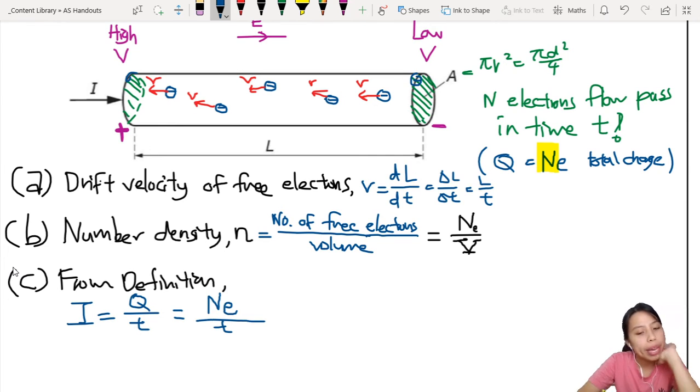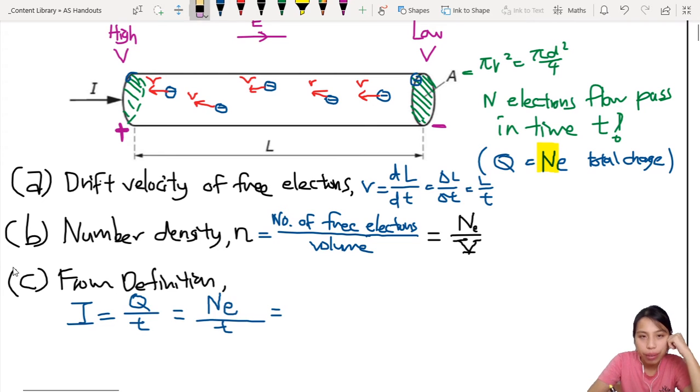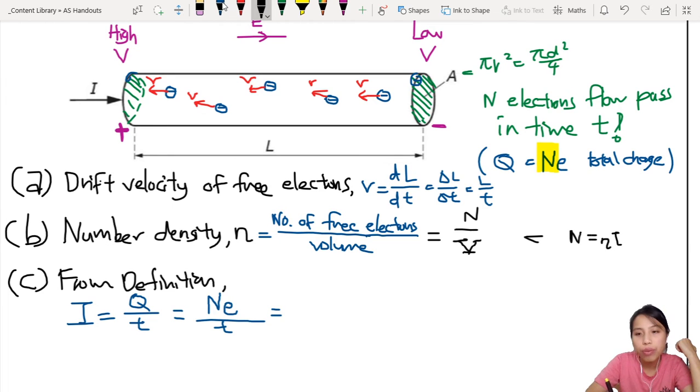Can we expand more? We want to include the drift velocity here. How can we include that? Well, we want this equation to be applicable for all kinds of metals, all kinds of conductors. So we're going to use the number density here. This can be rearranged to N equals number density times volume.